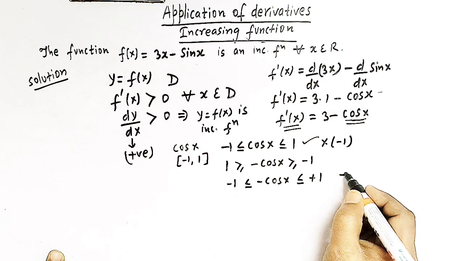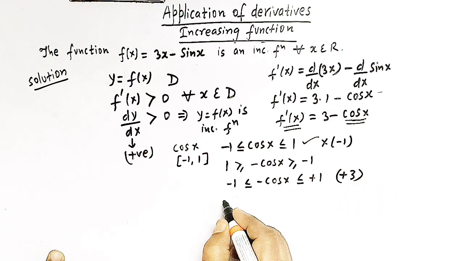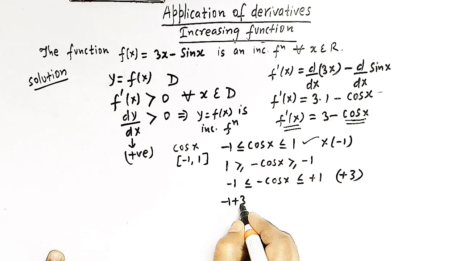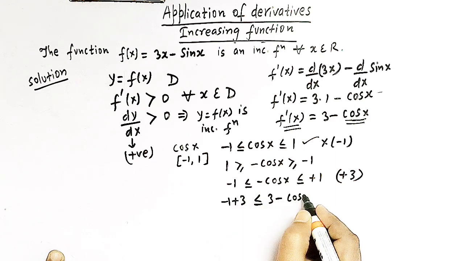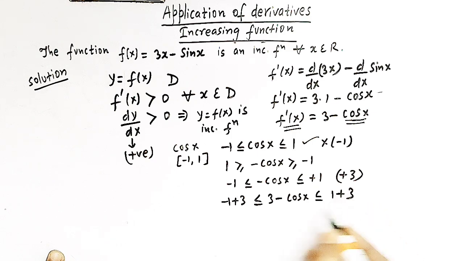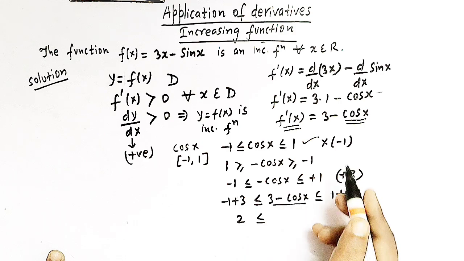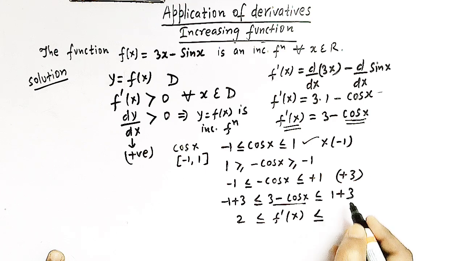So let us add 3 throughout this inequality. So we have -1 plus 3. Then here we have 3 minus cosine x. And here we have 1 plus 3. So 3 minus 1 is 2. And 3 minus cos x is given by the derivative, that is f prime of x, and here 3 plus 1 is 4.